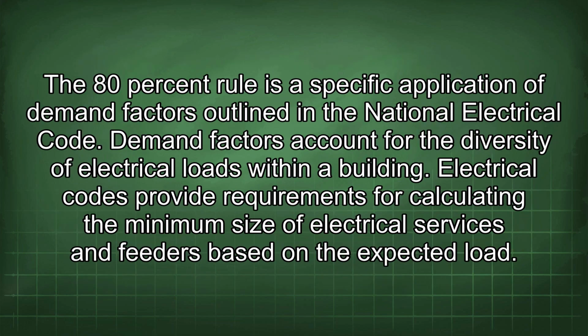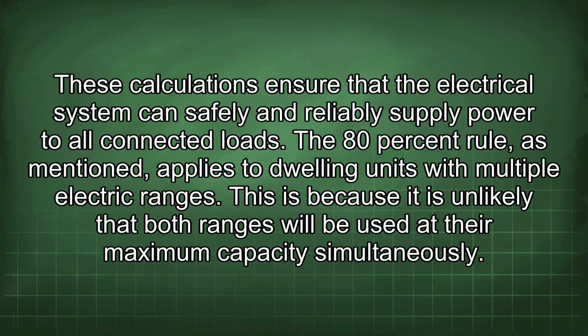The 80% rule is a specific application of demand factors outlined in the National Electrical Code. Demand factors account for the diversity of electrical loads within a building. Electrical codes provide requirements for calculating the minimum size of electrical services and feeders based on the expected load. These calculations ensure that the electrical system can safely and reliably supply power to all connected loads.